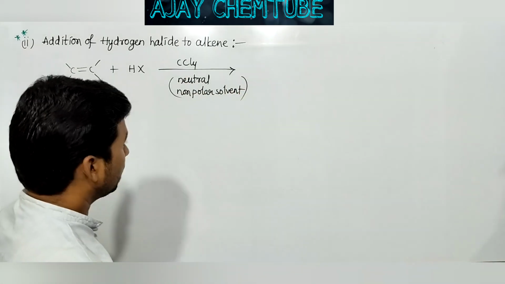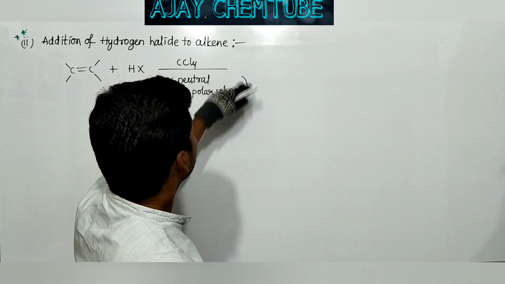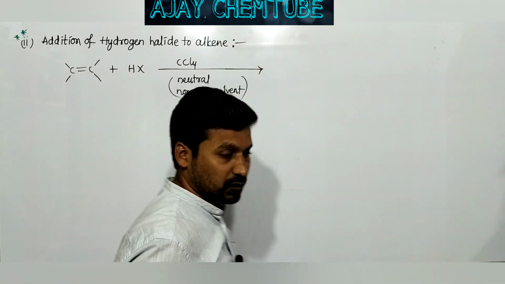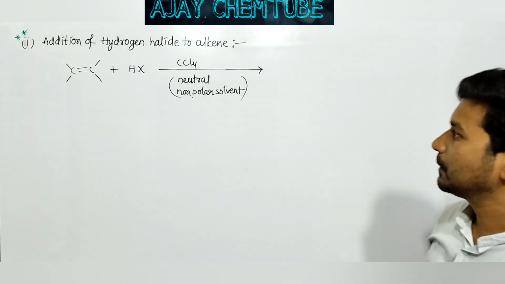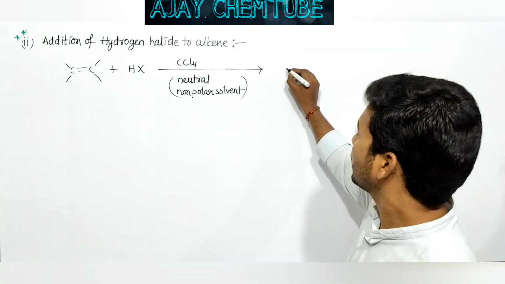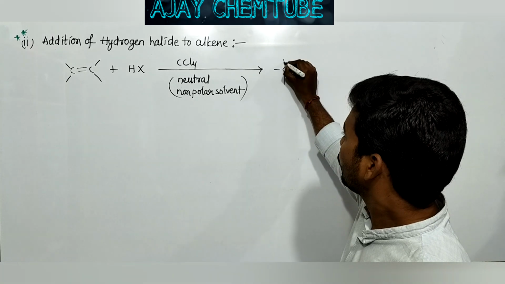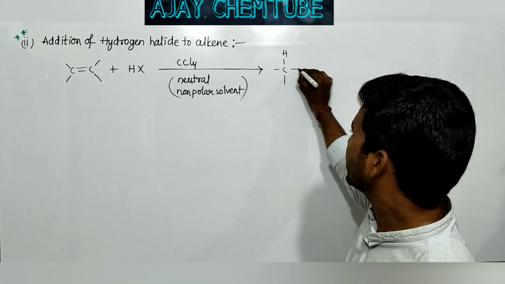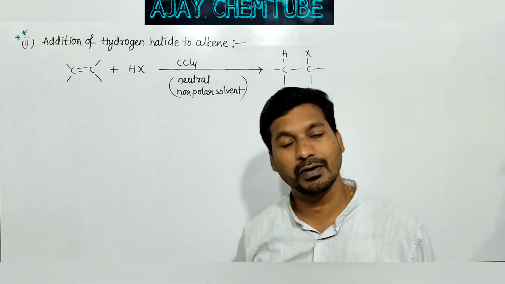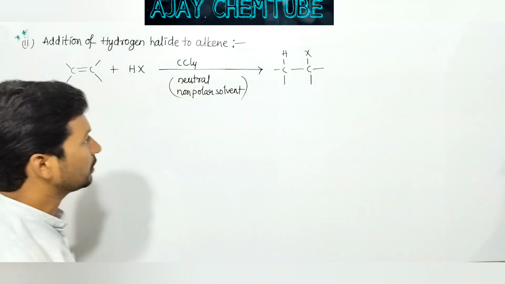In reaction mechanism part 1, I have explained the types of solvents. Then what happens? To one carbon hydrogen addition takes place, to another carbon halogen addition takes place, and the halo compounds are formed.